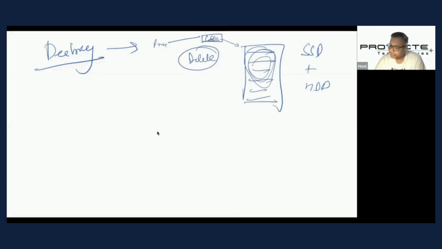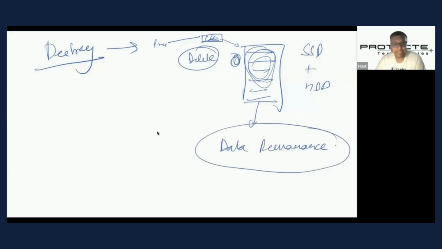The entire space is available for overwriting. That means the data still exists. This is called data remnants. Digital data has a habit of leaving remnants; it stays even after you delete it or scrub it.